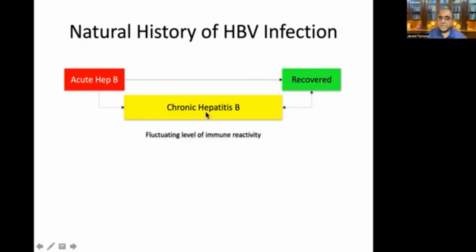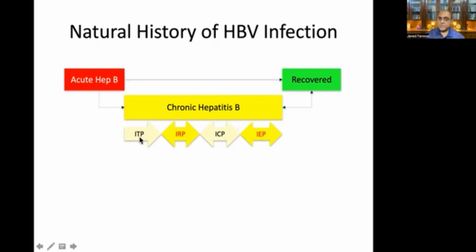We know that in the chronic hepatitis B phase, there is a fluctuating level of immune reactivity. The immunity of the body does not react the same way to each and every patient and at each and every time. So classically, chronic hepatitis B has been classified into 4 main phases: immune tolerant phase, immune reactive phase, immune control phase, and immune escape phase.